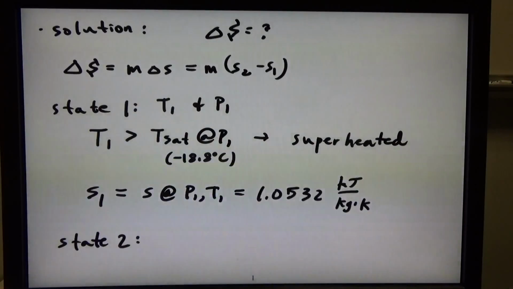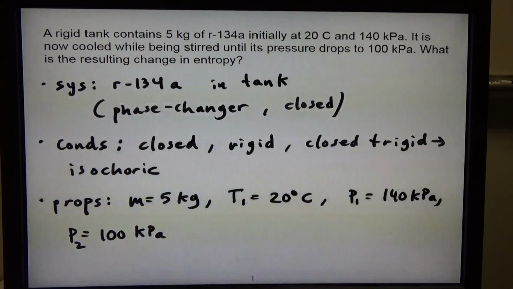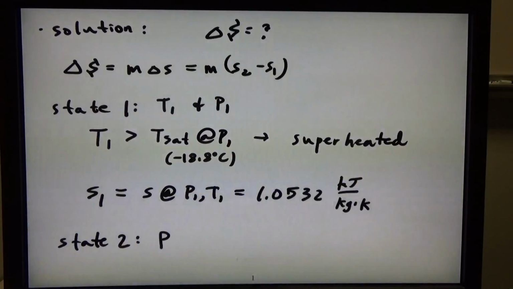At state 2, we know the pressure. We were given the pressure at state 2, but we don't have any other properties given in the problem statement for state 2. So where can we get the other property? Any ideas? So usually what we do if we don't know a property value at the final state, remember we have to think back to our closed system analysis from chapter 3.